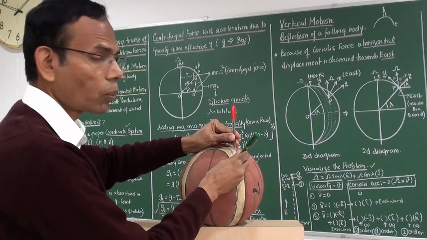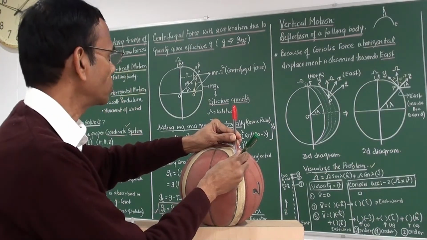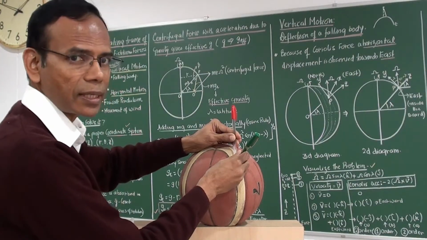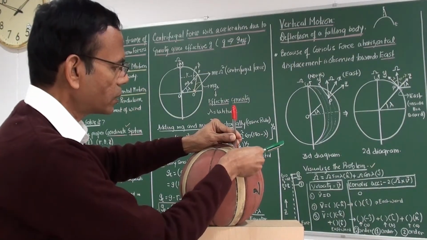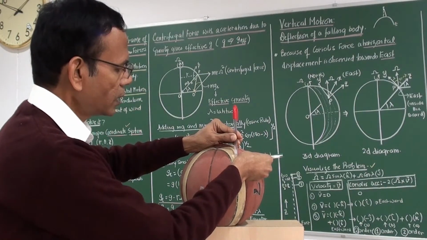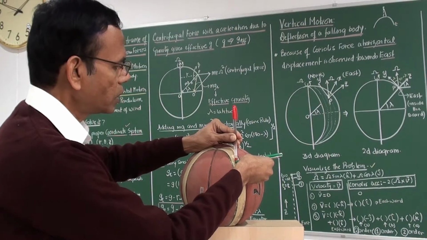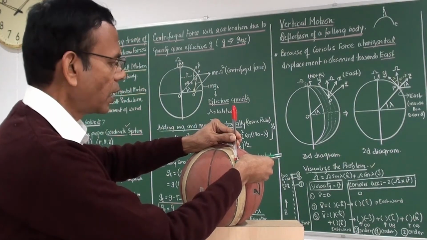Now you see the figure also. What is x? X is the east direction, so I can shift it like this. If I hold the pen parallel to the surface of the ball, then this is my east direction, the x-axis. And what is my y-axis?